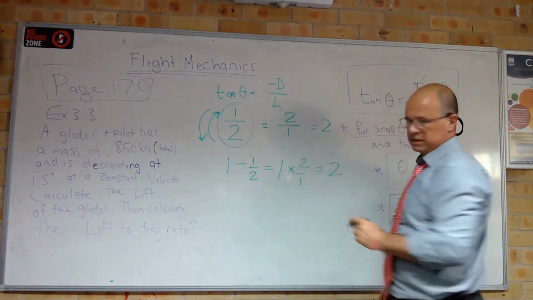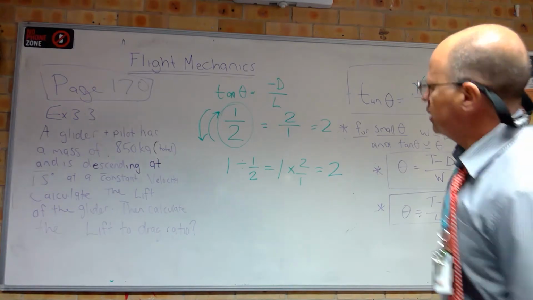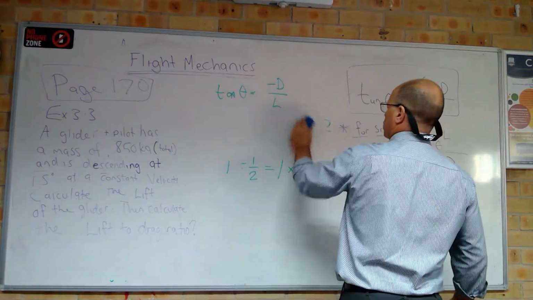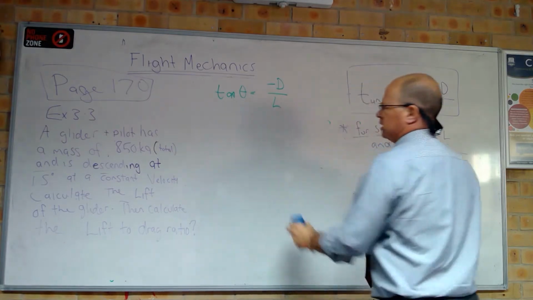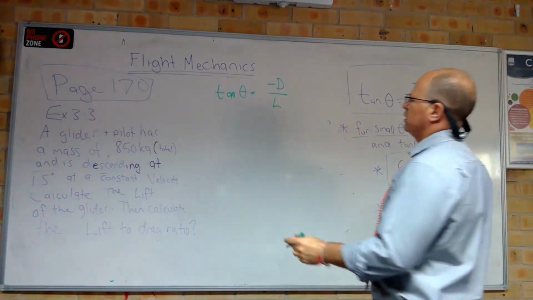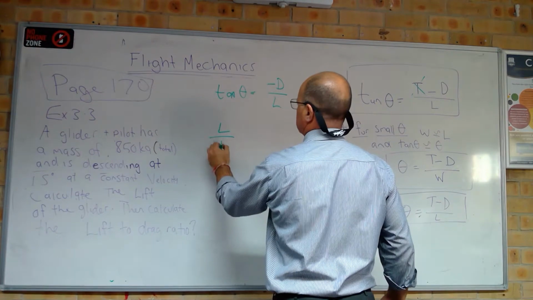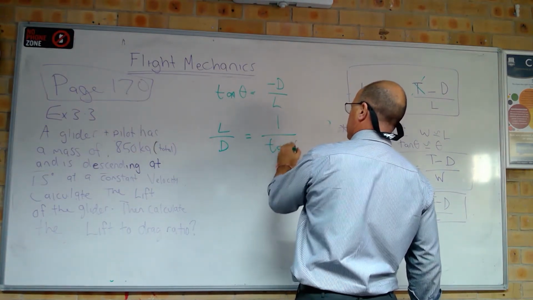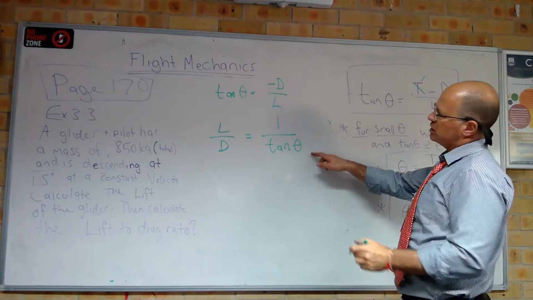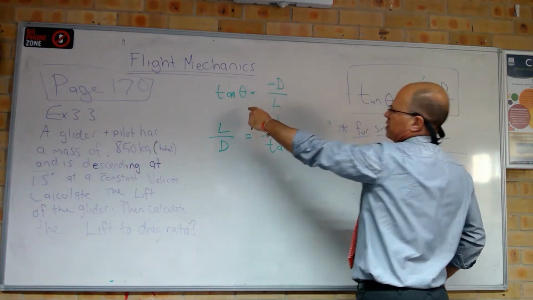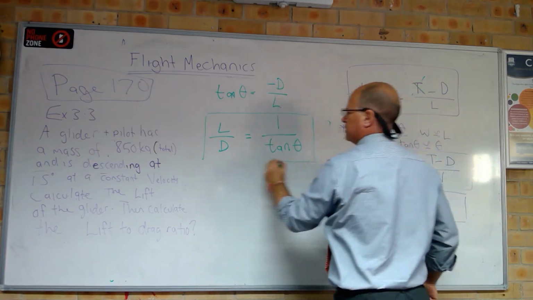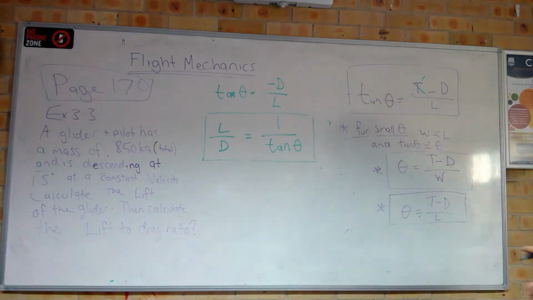So 1 divided by is how you find a reciprocal, which is why in your Copeland text, they say that lift to drag is equal to 1 over tan theta, okay? Because they've flipped this and therefore they've had to divide this by 1. That's why we divide by 1. So lift to drag ratio is equal to 1 over tan theta.